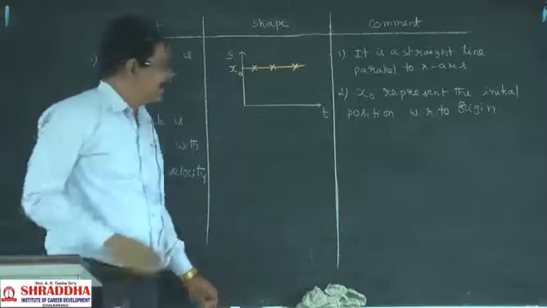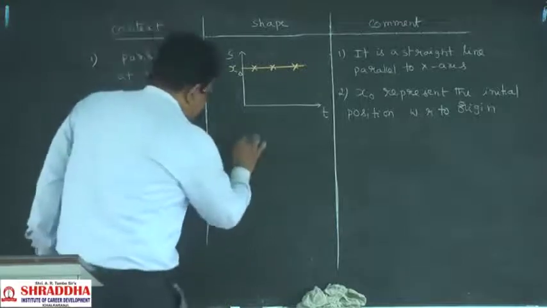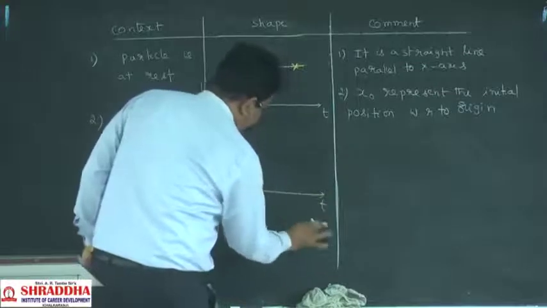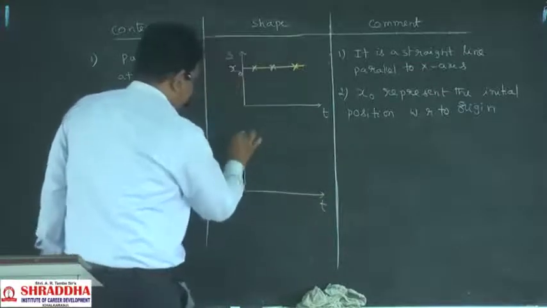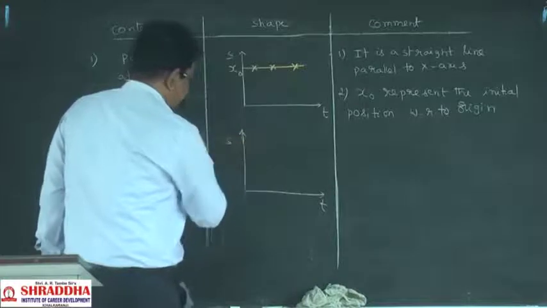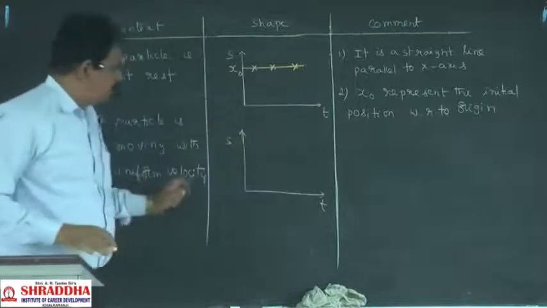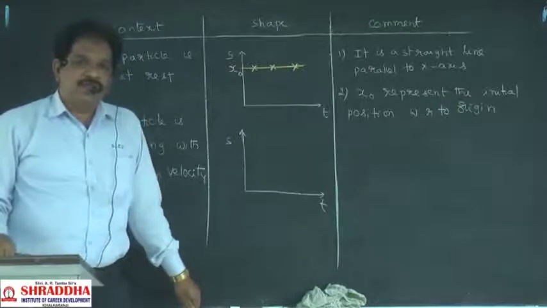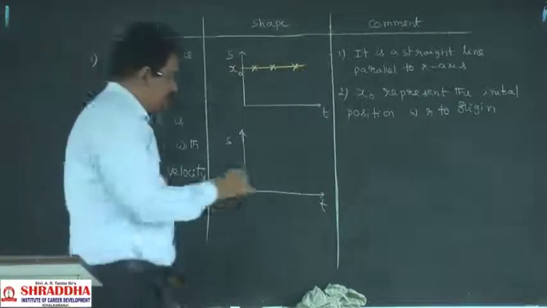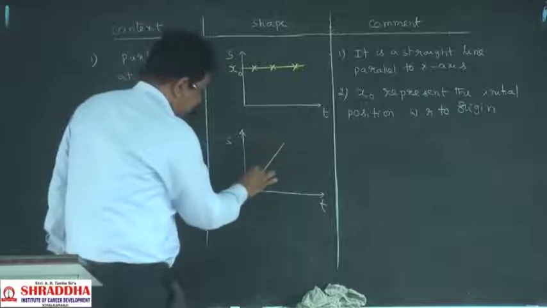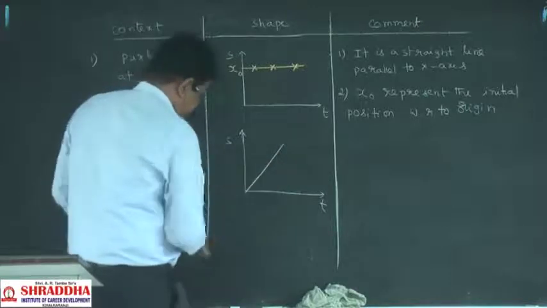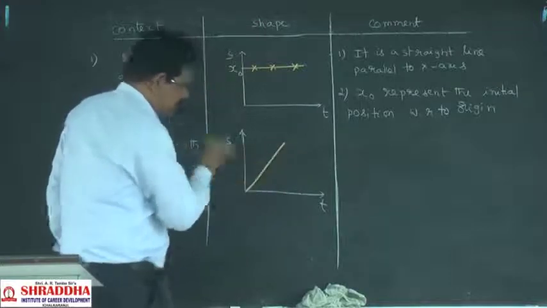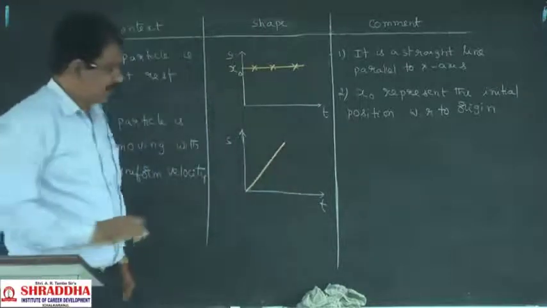Then what is the shape of displacement time graph? Particle is moving with uniform velocity. What is the shape of displacement time graph? How it will be there? Graph shape will be like this. Clear?